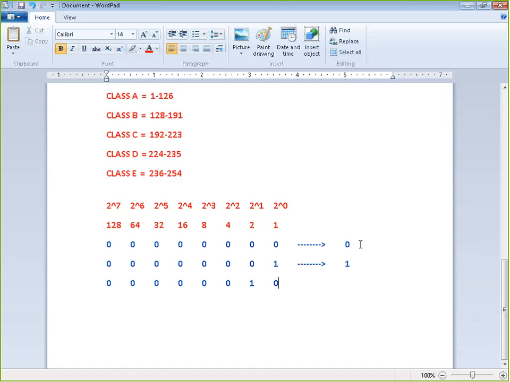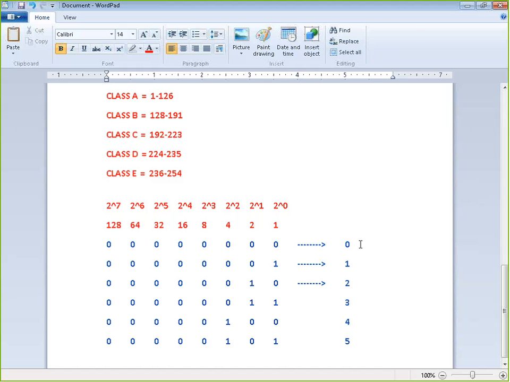Then 1, 1 represents 3. Then 0, 0, 0, 0, 0, 1, 0, 0 represents 4. Then 0, 0, 0, 0, 0, 1, 0, 1 represents 5, and so on.